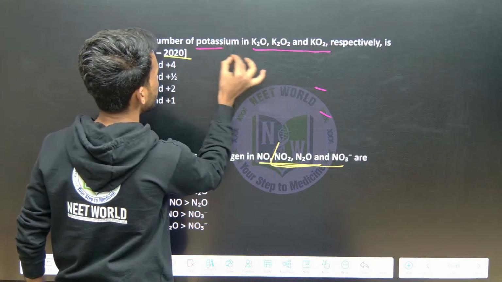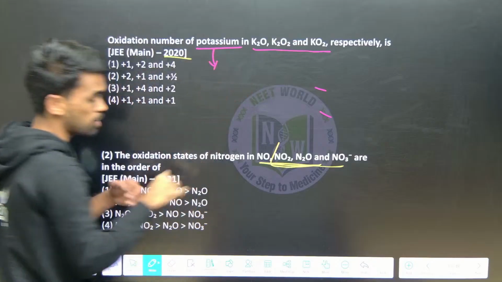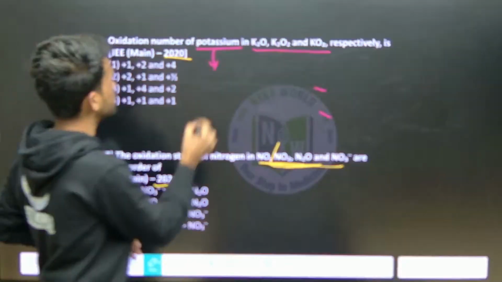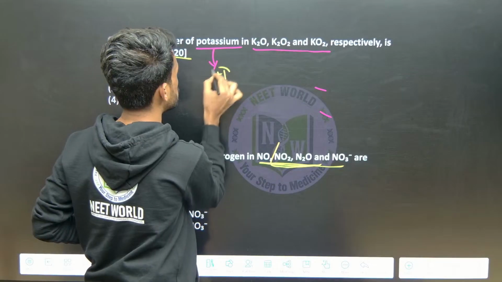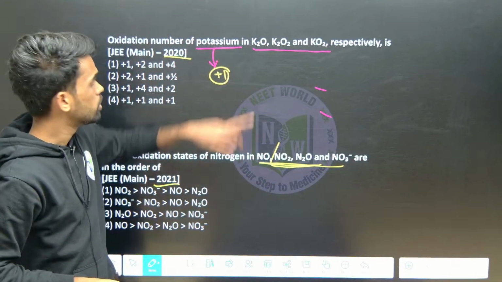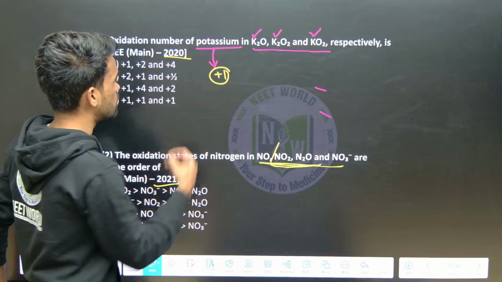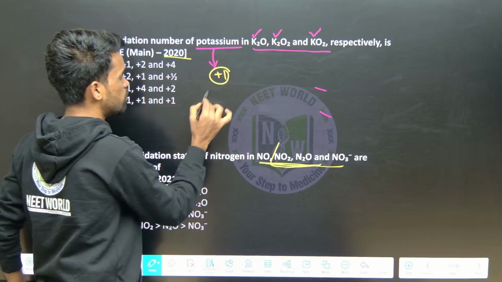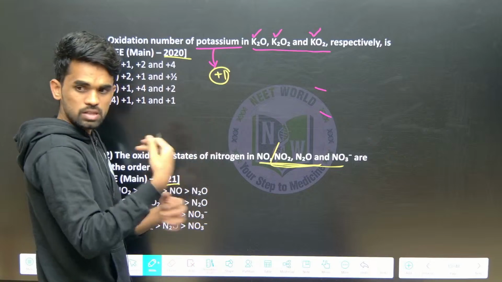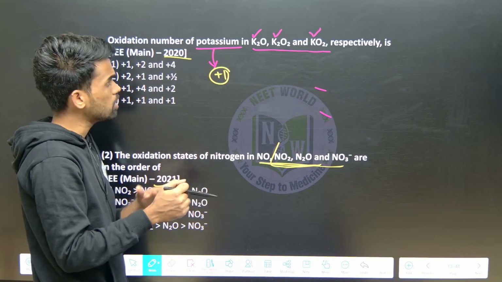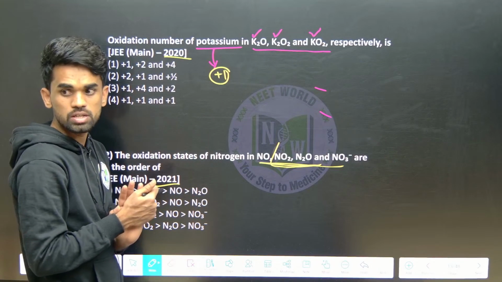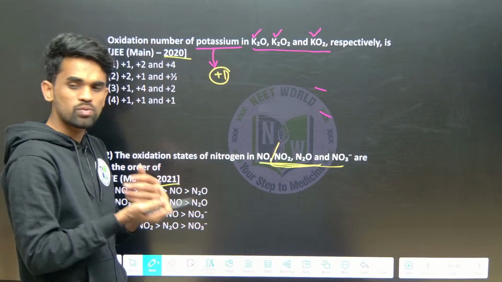Always, alkali metals, whenever they are combined with some species, will be unipositive with plus 1 oxidation state. So here potassium will be plus 1, here also plus 1, here also plus 1. Whatever the compound it is forming, if there is an alkali metal in the combined state, it will be plus 1 oxidation state. Because alkali metals won't combine with themselves.